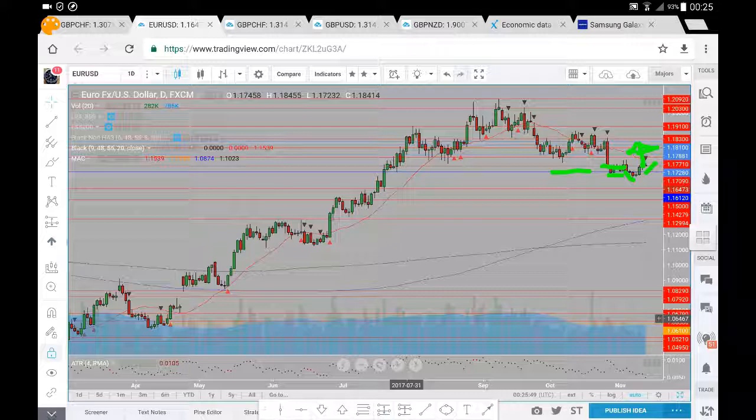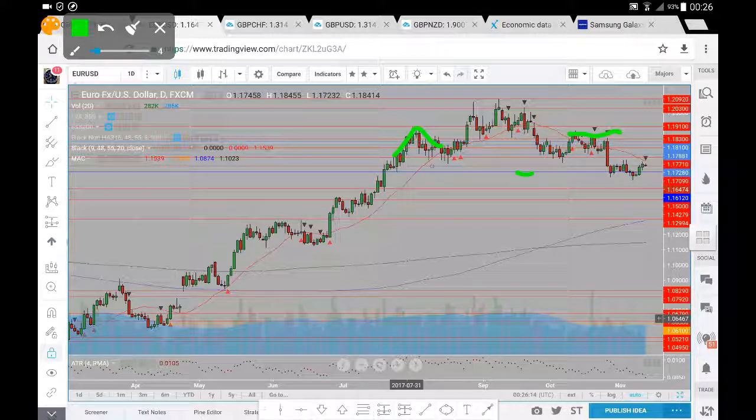Now, the overall structure here on the, let's just clean this chart up a bit. So the overall structure on the daily chart does appear bearish. We've got this area here where we did see some selling come into the market, and again over here we've seen some selling momentum come into the market, which brought us all the way down to this zone as well.